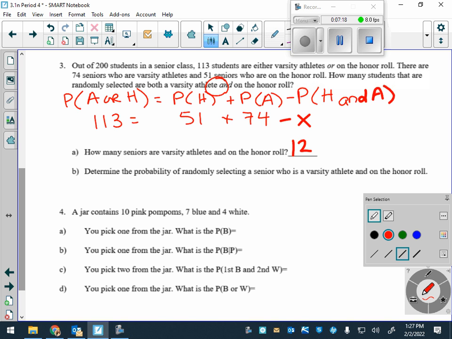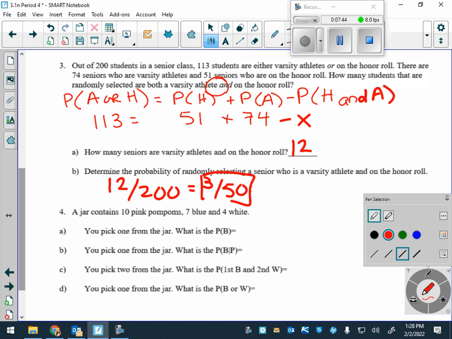But then if I asked you, what is the probability of randomly selecting a senior who is a varsity athlete and on the honor roll, what would that look like? Rosanna? How'd you get it? Perfect.